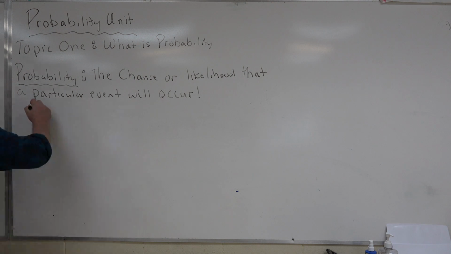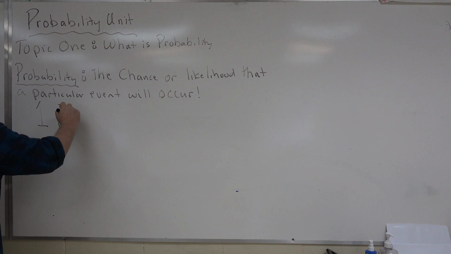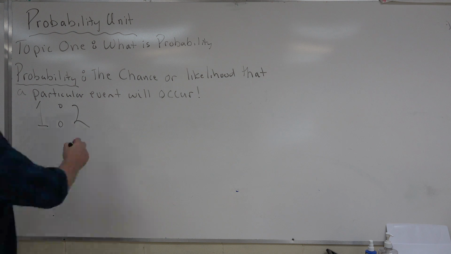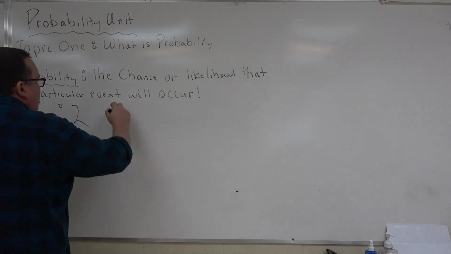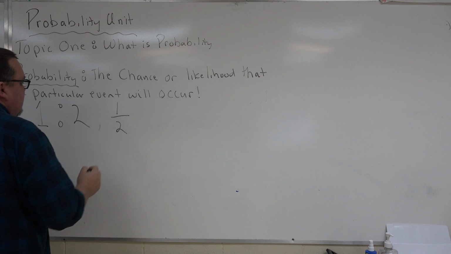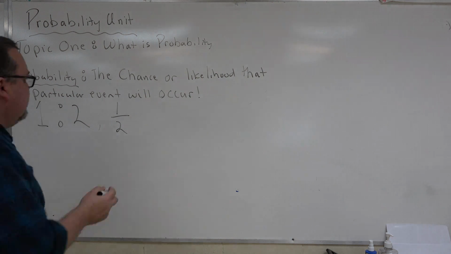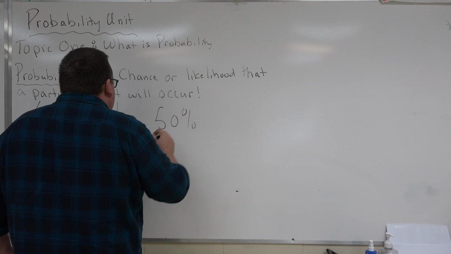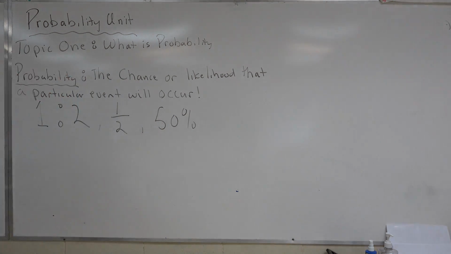So, a ratio looks like this: 1 out of 2. The colon in the middle means out of. We could also write it as 1 over 2. Or we could also write it as we have a 50% chance of that penny landing on heads, or 50% chance of landing on tails.